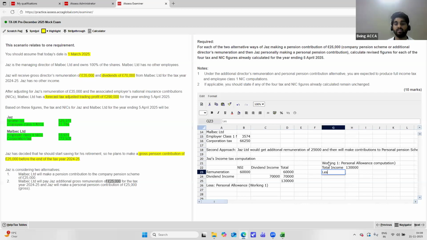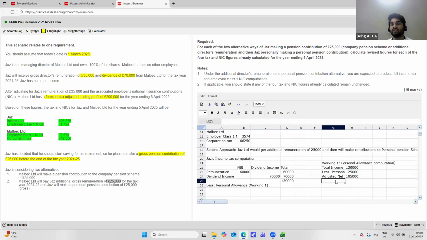Now, what is happening from this? If we reduce our personal pension contributions, it is now coming up to a total of minus 25,000. That means our adjusted net income is the sum of both of these, so it is 105,000.